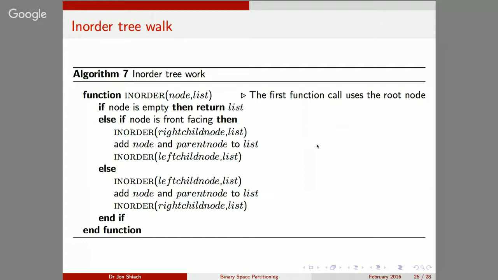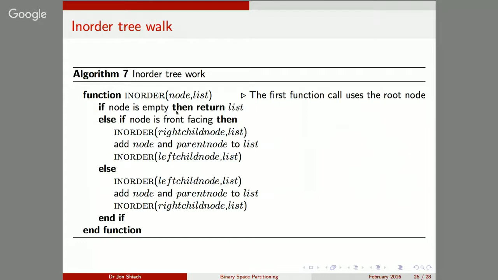In order means you do something, you take a node. So this is my function. Again, this is a recursive algorithm. The inputs are the node, the current node you're looking at, and the polygon list, which is going to be the order of the polygons in the painter's algorithm.